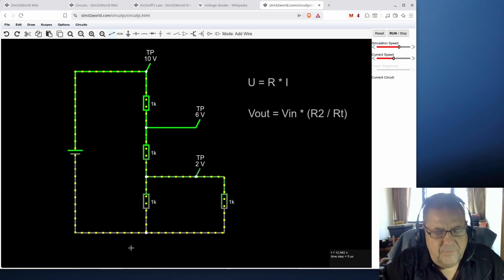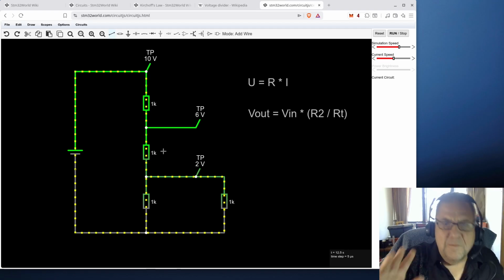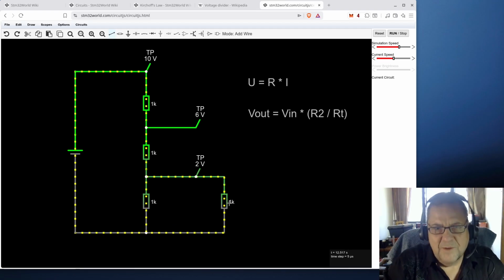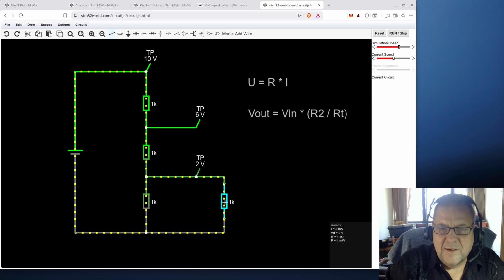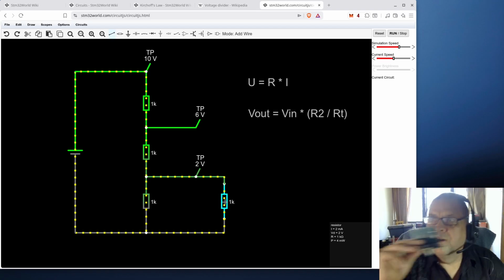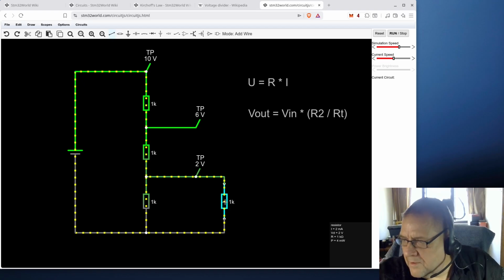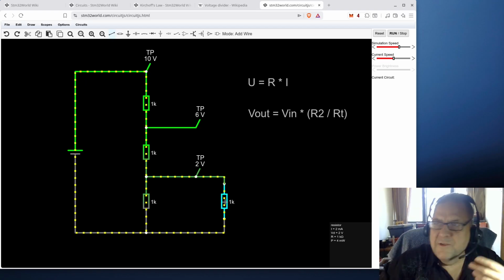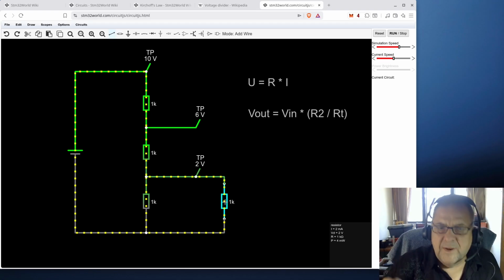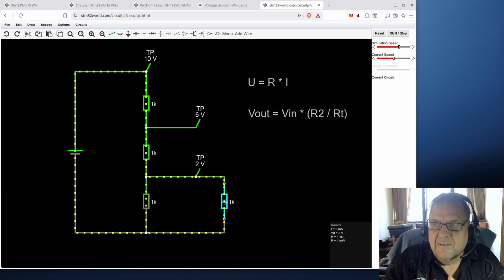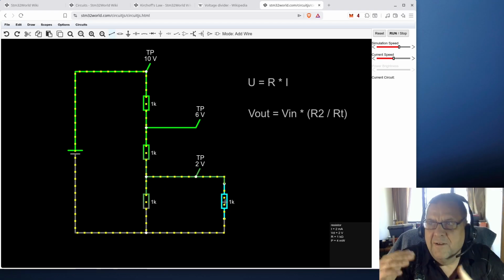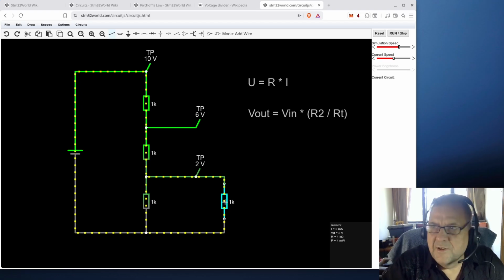So the math still works, but the problem, and the reason why you don't use a voltage divider to provide supply, is that if this one changes, and a microcontroller, which I showed before, depending on how fast you run it, how many peripherals you add, and so on, it doesn't use a constant current. It will vary depending on what you're actually doing on it.